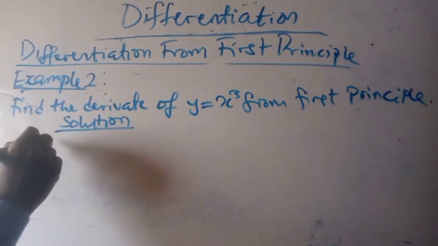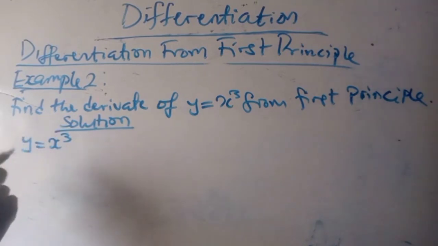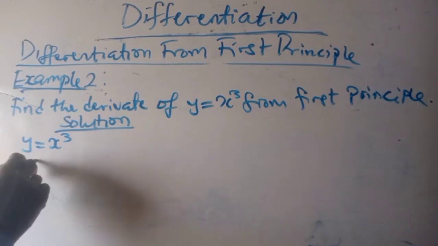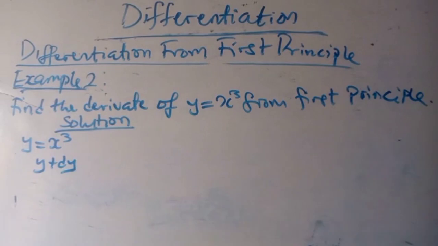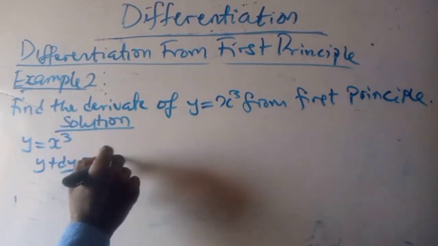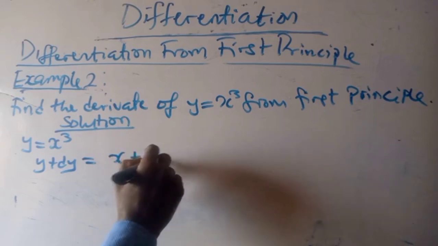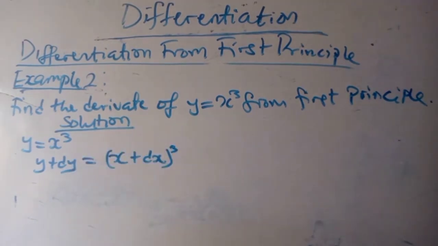If y equals x raised to power 3, then change in y, that is y plus the change in y, equals x plus the change in x, raised to power 3. Look at it.